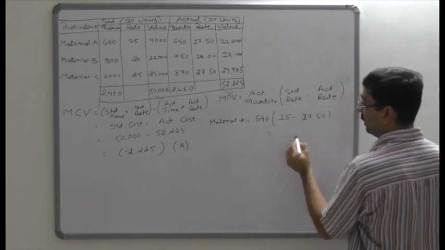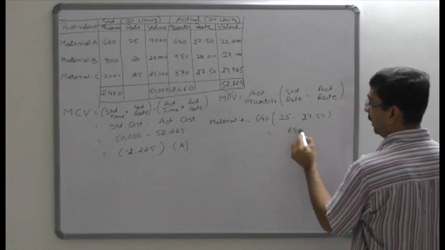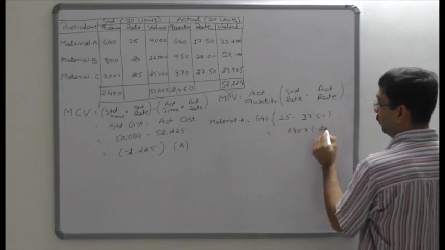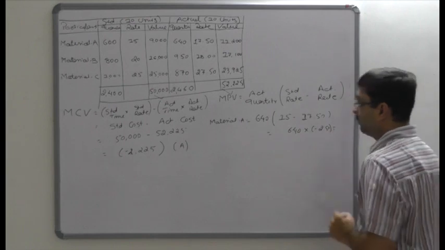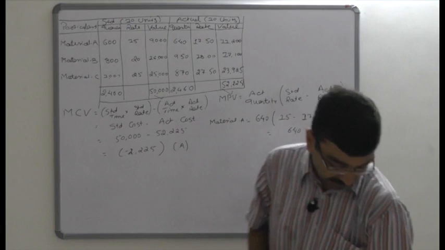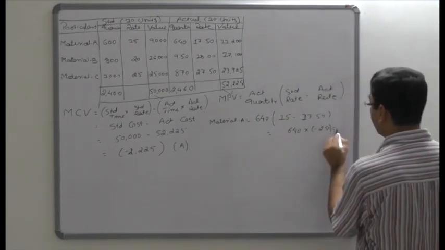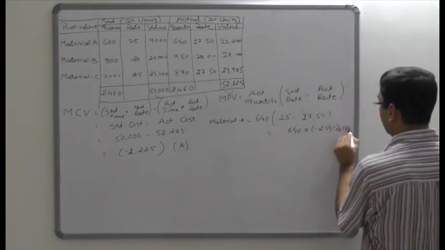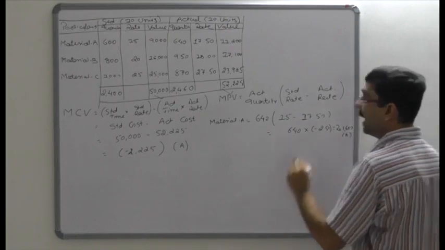It means the answer would be 640 into minus 2.50, which comes to 1600 rupees, and this 1600 rupees, your answer is adverse.